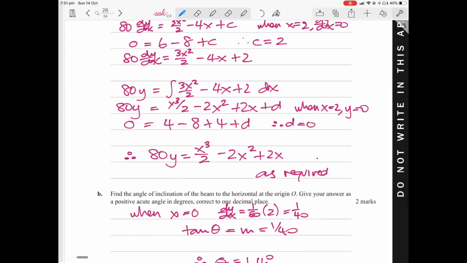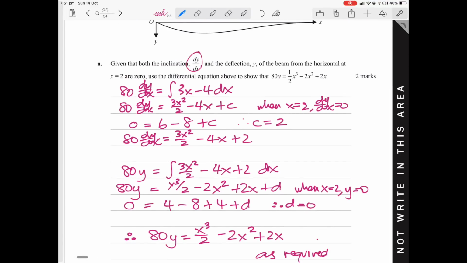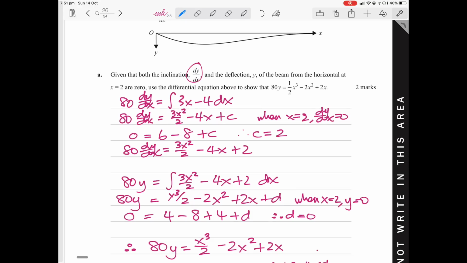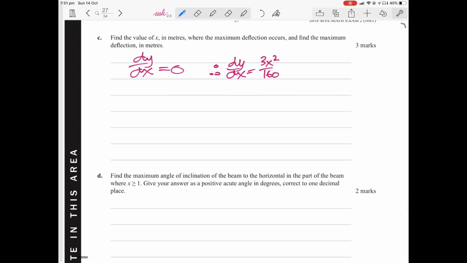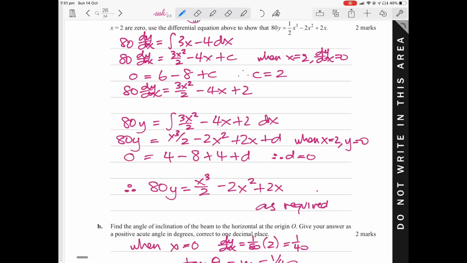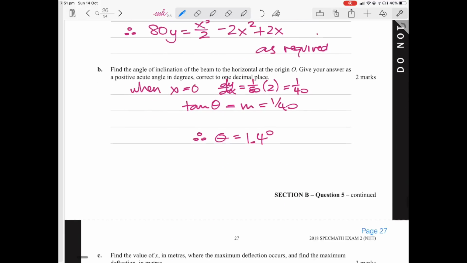So therefore, dy dx is 3x squared on 160 minus 4 on 80, which is minus x on 20, and then plus 2 on 80, which is 1 on 40.